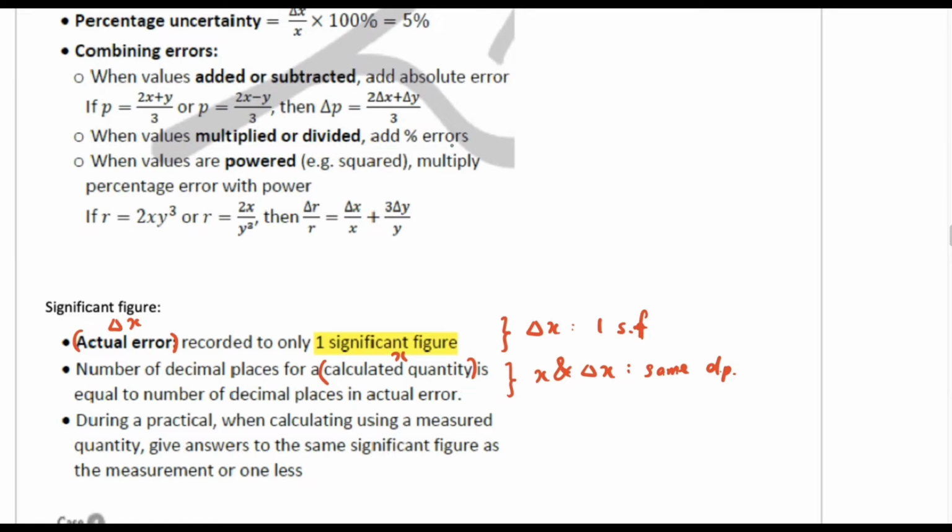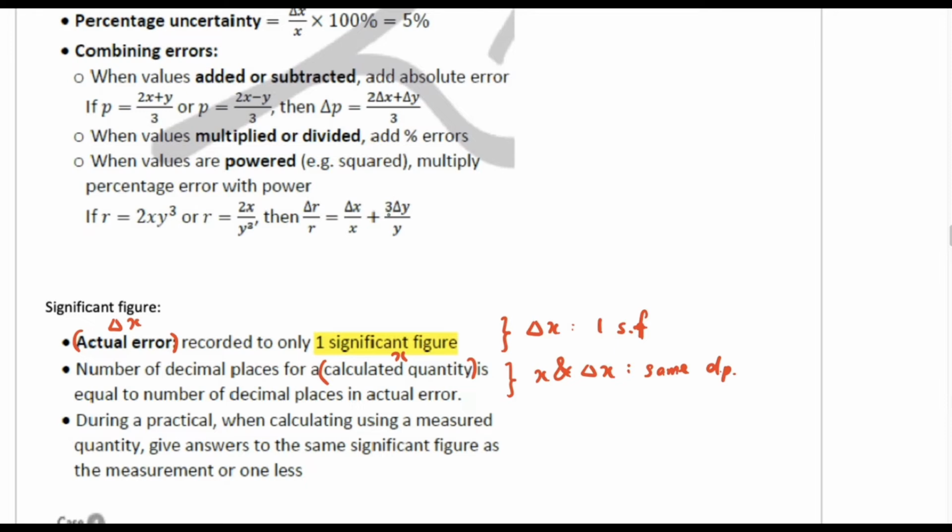But over here, we need to add the percentage error and at the same time times 3 because of the power 3. They are using fractional uncertainty, so times 3 to the fractional uncertainty.